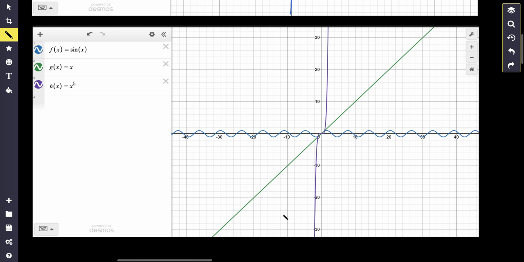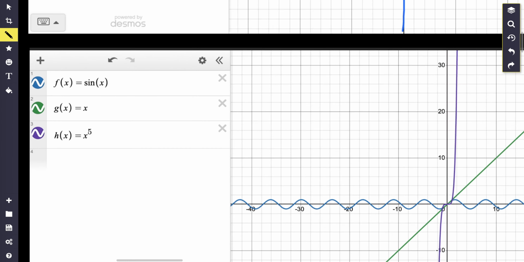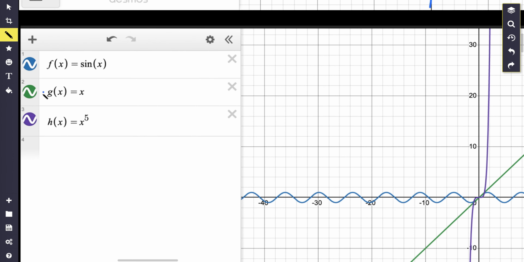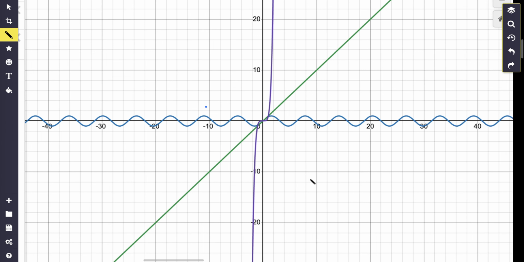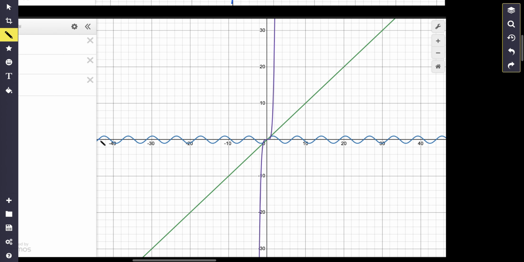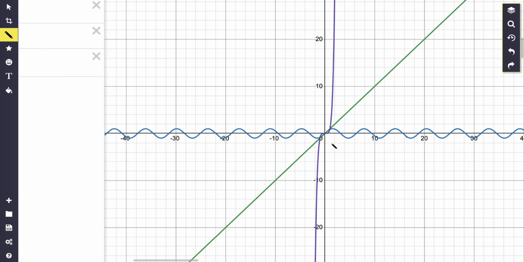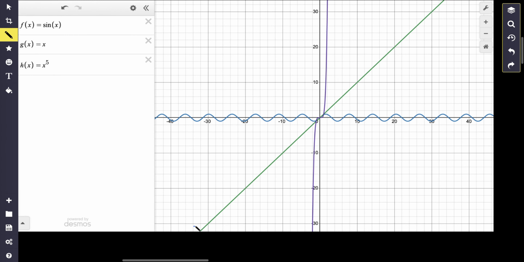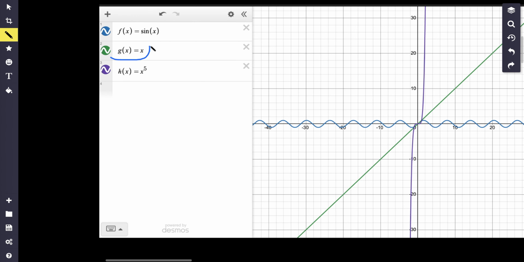And here are some examples of odd functions. F of x is equal to sine of x. G of x is equal to x. And then x to the fifth power. And you'll notice how if I reflected all of these, actually, let's talk about g of x, for example.